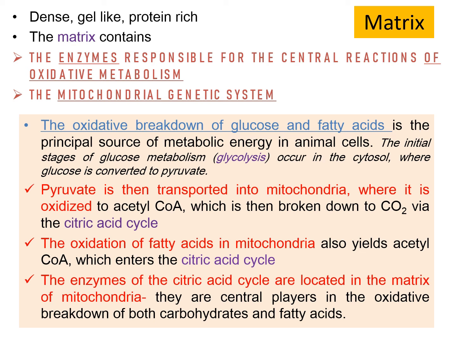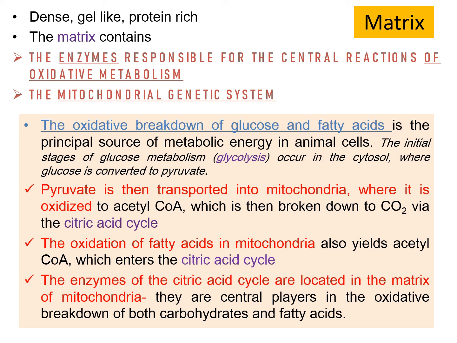We go to the oxidative metabolism. As I already told you, the oxidative breakdown of glucose, fatty acids, etc. is the principal energy source for any cell. So it is the source of metabolic energy. And when we take the case of glucose, it is first broken down to pyruvic acid in the cytoplasm by an anaerobic method called glycolysis.